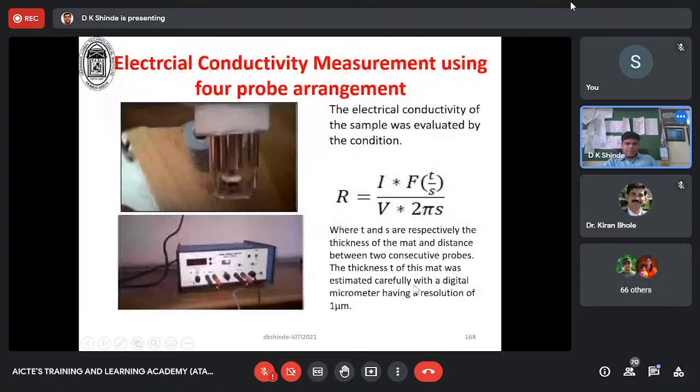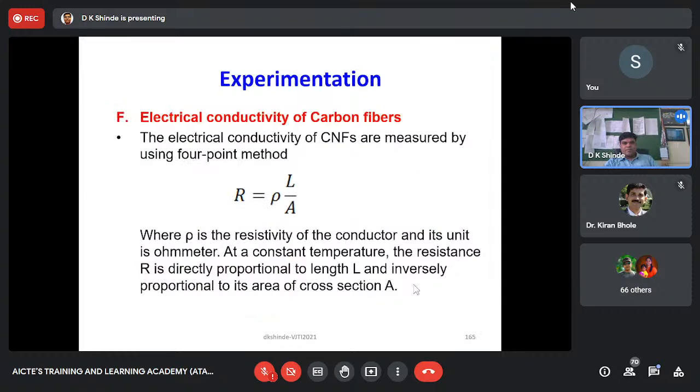And then we did the electrical resistivity test to see whether the fibers possess a higher conductivity. So this is the three-probe fiber electricity test method available over here. We are using this formula, R is equal to rho times length over area, where rho is the resistivity we obtain.